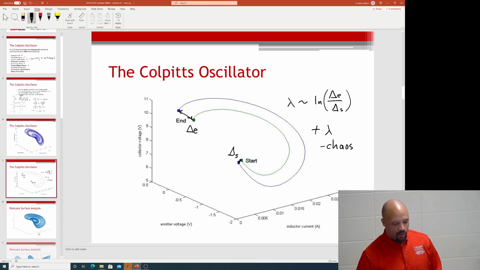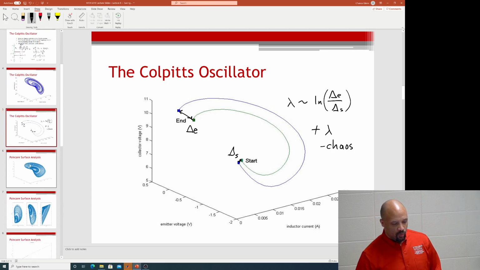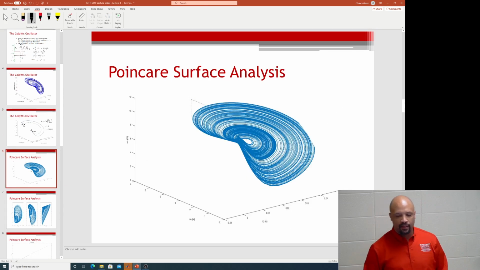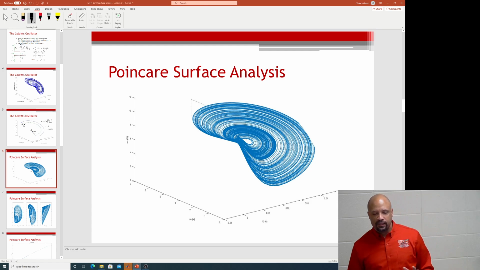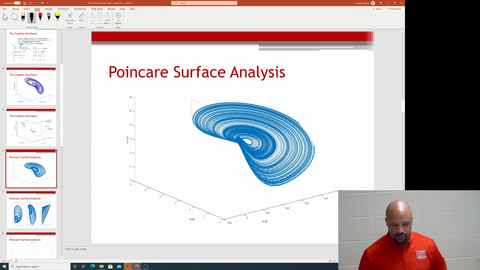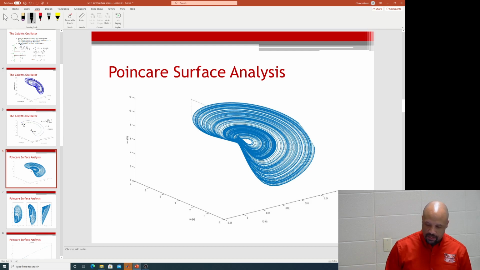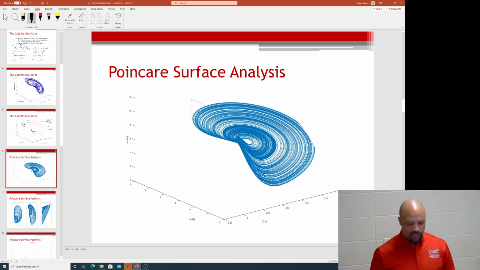So now we want to start looking at analyzing these systems using the Poincare surface. We discussed that last time, but I want to use a particular one, and if you can see the dotted line, I'm going to draw over it a little bit just so you can see.